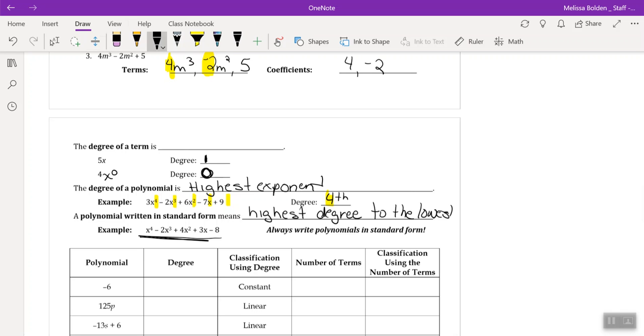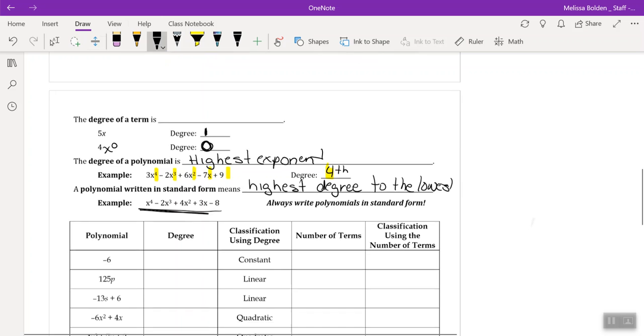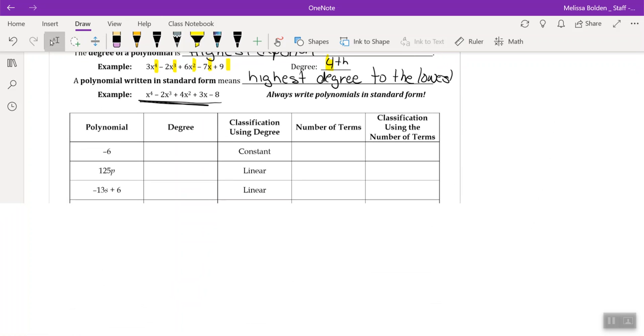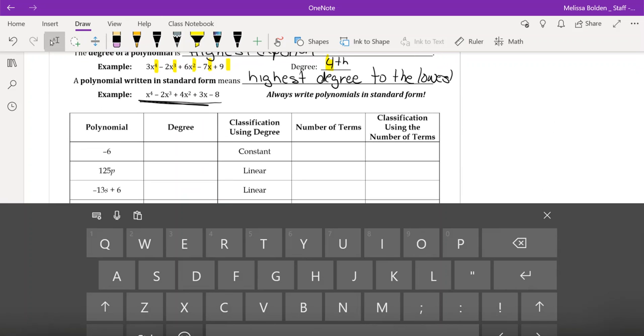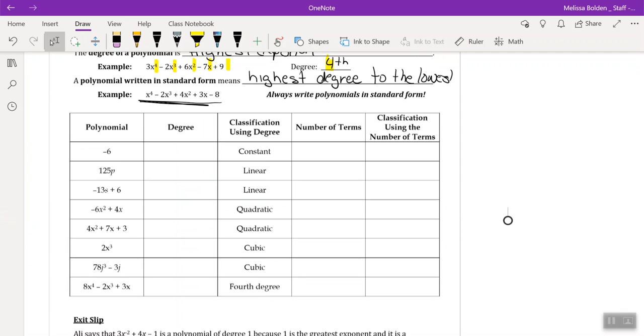Okay, so here are some examples that we are given down here. This has a degree of 0 because it's a constant. The number of terms is 1, so we call this a monomial.